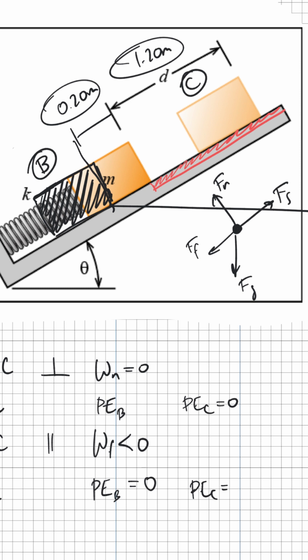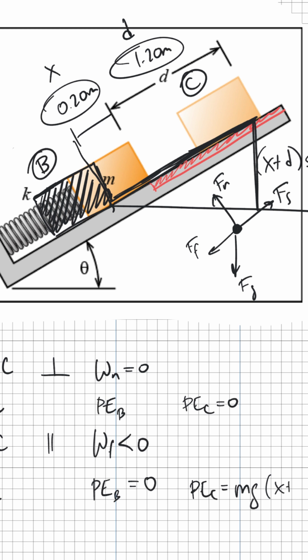So it's going to be this distance right here, right? So this is going to be x, and this is d. So this will be x plus d sine of that angle. Right, so that's the distance. So it'll be mg times x plus d sine theta.